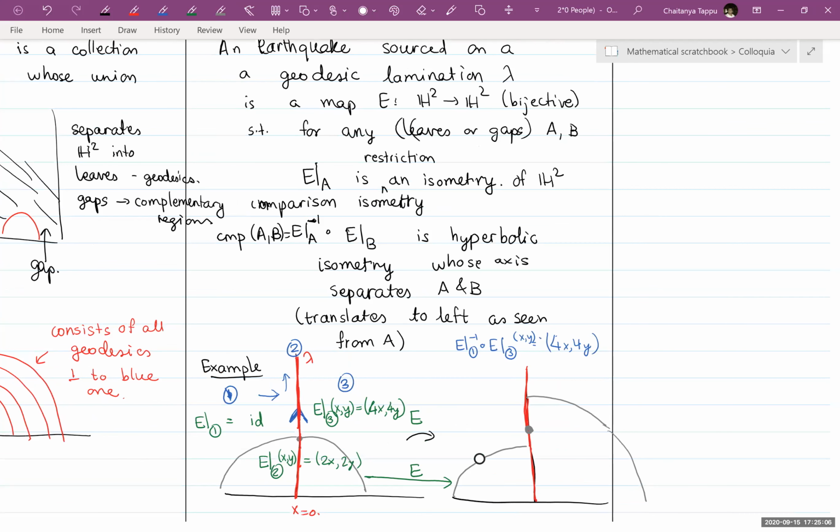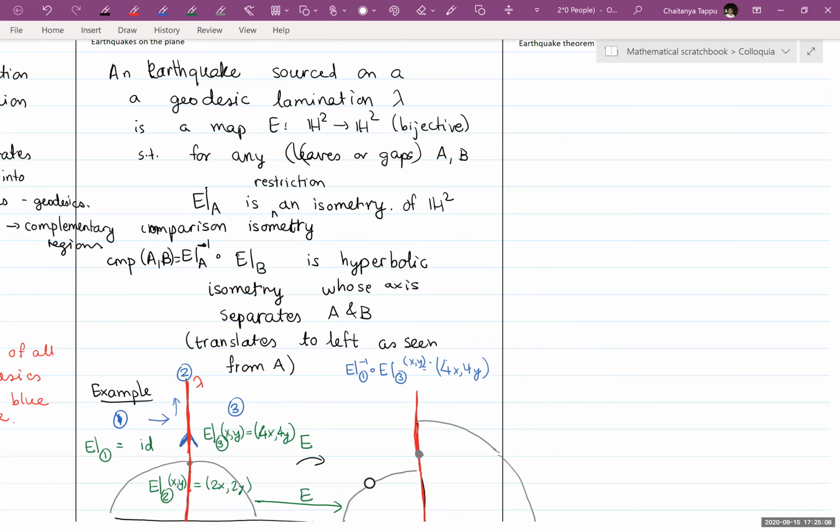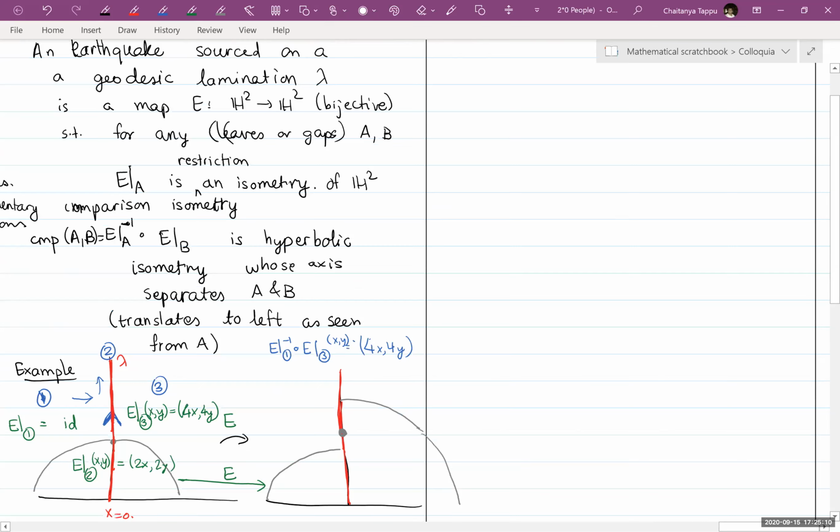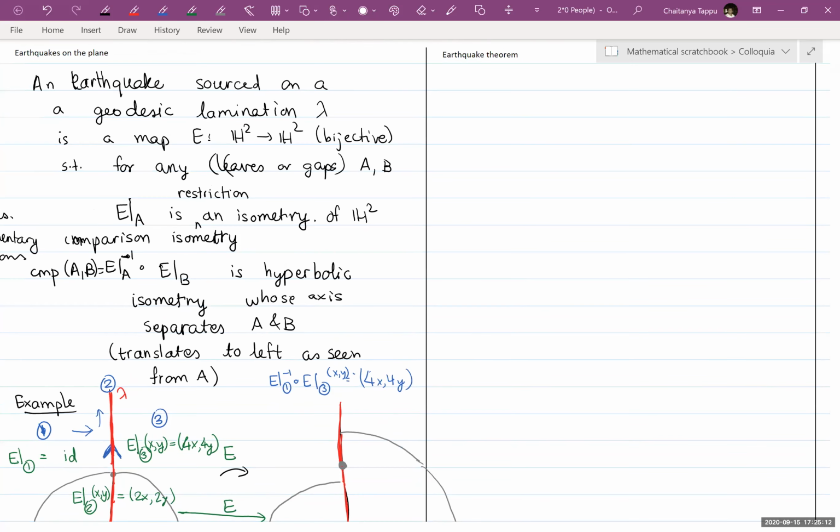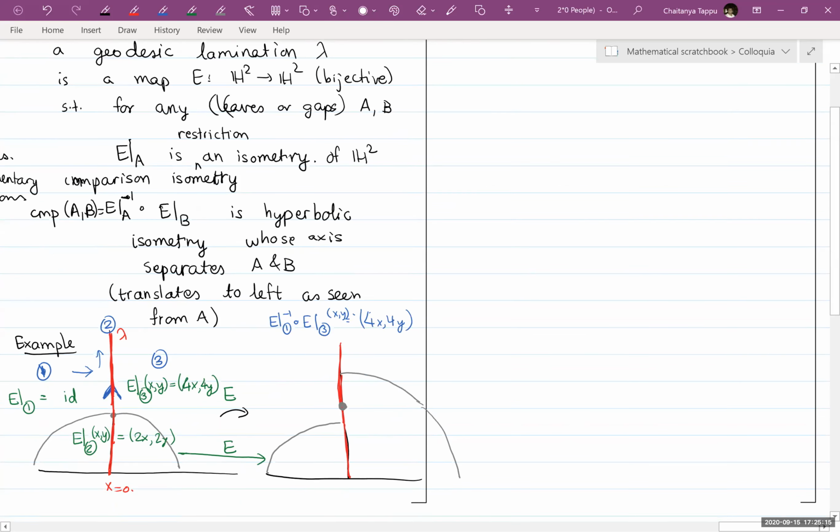There are some cases in which earthquake maps can be continuous. But whatever be the case, E extends to a homeomorphism of the boundary.